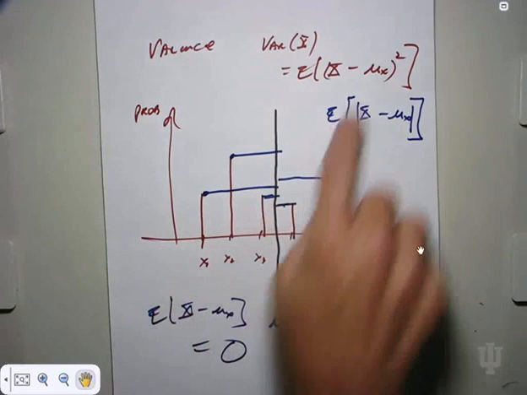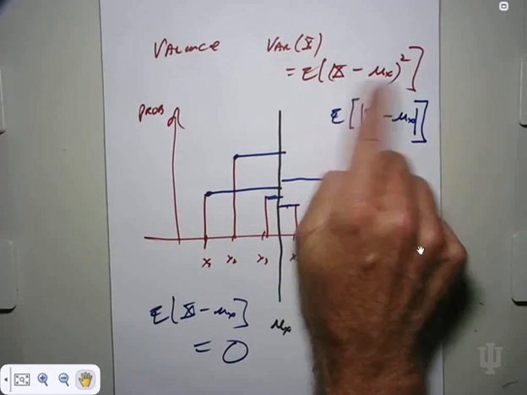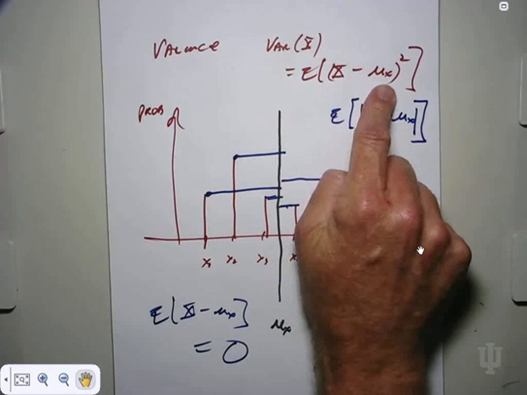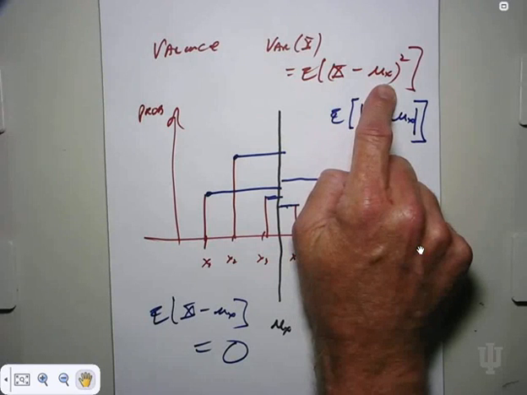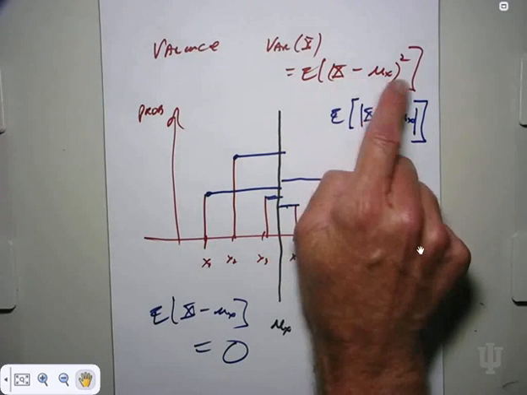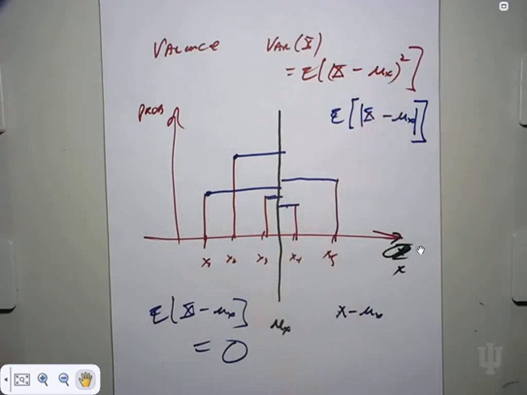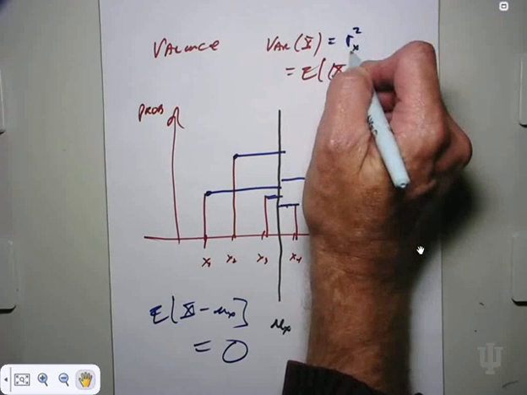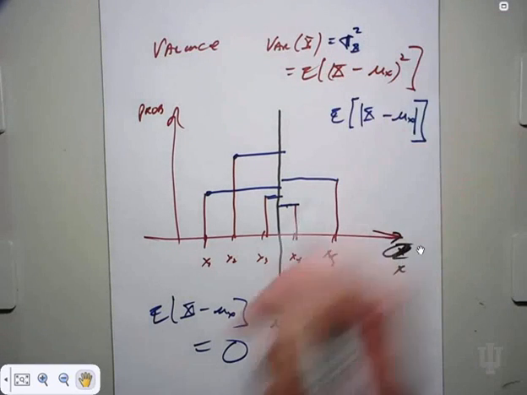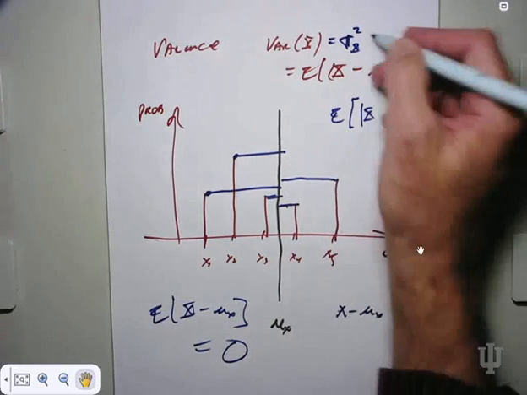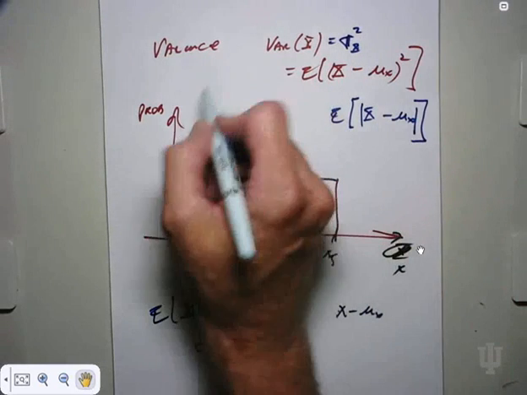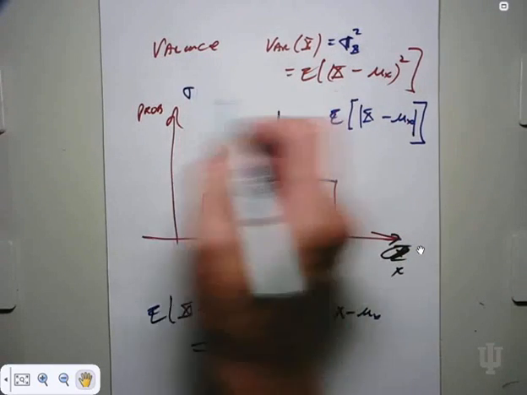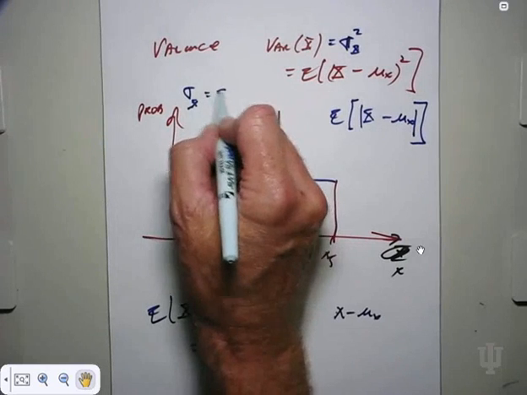Remember, a difference is a distance on the number line. A minus B is the distance between A and B. But because you squared it, you get the square. They call this the variance. You usually use sigma, the lowercase Greek letter sigma, squared for variance. And what people will do is take the square root of that, and that's the standard deviation.